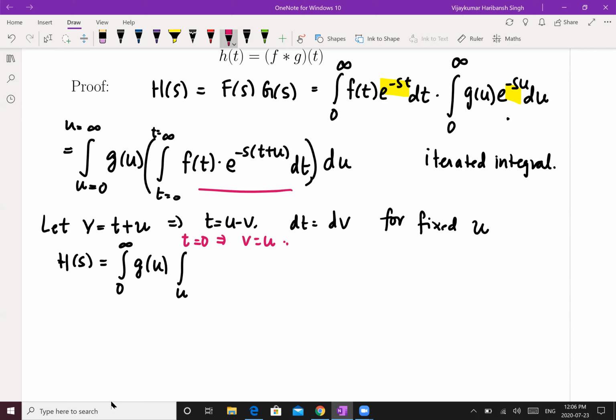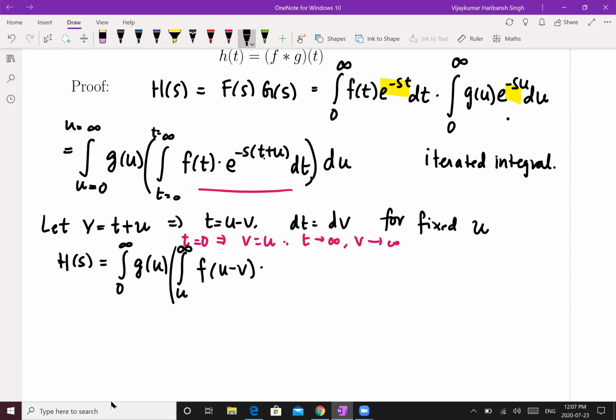And if t goes to infinity, v goes to infinity as well, right? So we get the following. So we have u to infinity as well. F of, now what is my t? T is u minus v. So f of u minus v.